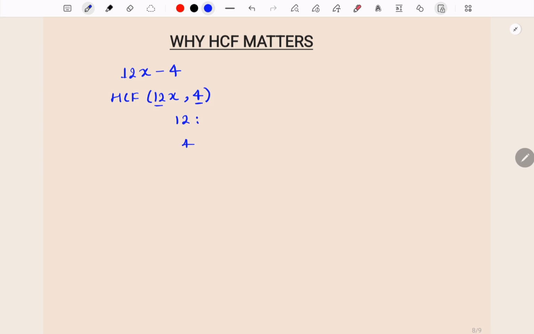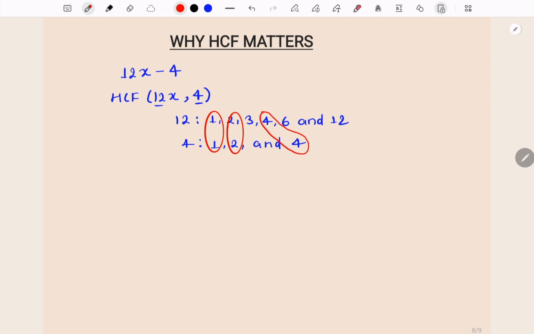The factors of 12 are 1, 2, 3, 4, 6, and 12, right? And the factors of 4 are 1, 2, and 4. Now, the common factors are 1, 2, and 4, right?